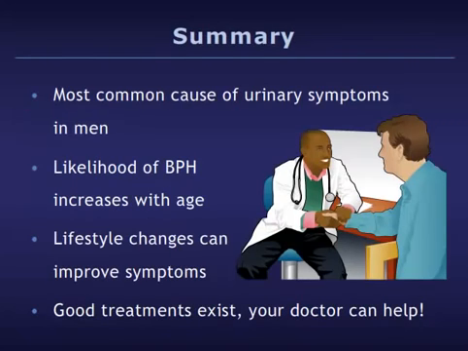Benign prostatic hyperplasia, or BPH, is the most common cause of urinary symptoms related to the prostate. BPH is an extremely common condition, and the likelihood of developing it increases with age. There is no way to prevent BPH, however lifestyle changes can help to improve symptoms, and good treatments do exist.